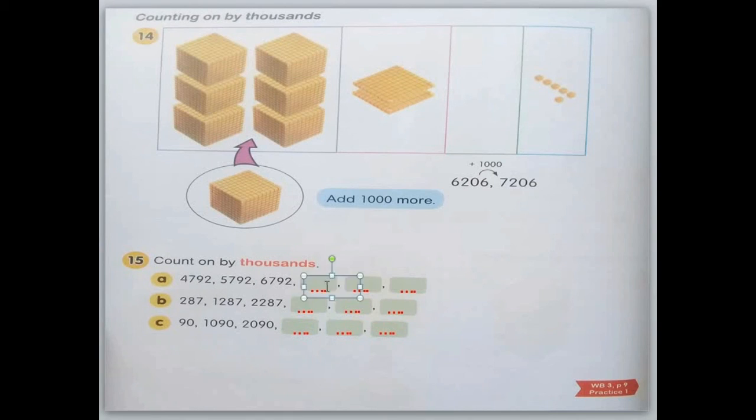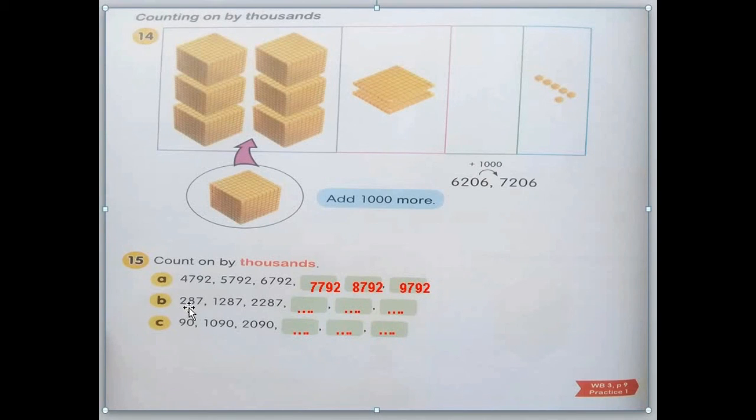Of course, over here you will have 7,792. And then after 7, 8,792. And the next one you will have 9,792. Is it easy, guys?